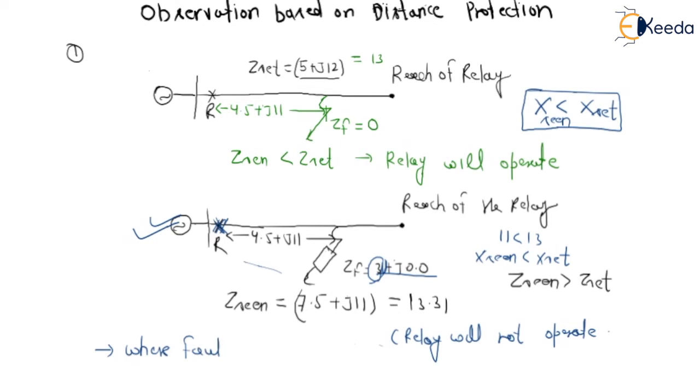Basically, to avoid the impedance of the earth fault, we use reactance relay, so that if the fault has any kind of impedance, it will not affect the accurate functioning of the relay. That is why we have said that in case of short transmission line, or where earth fault occurs, we use the reactance relay. Now proceeding to observation number 2.